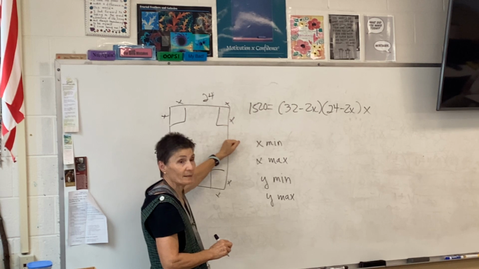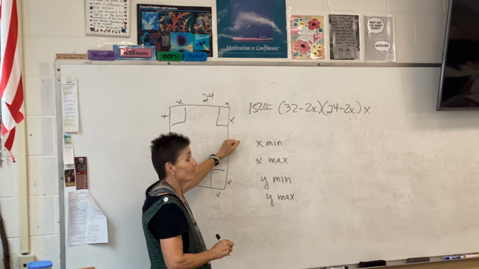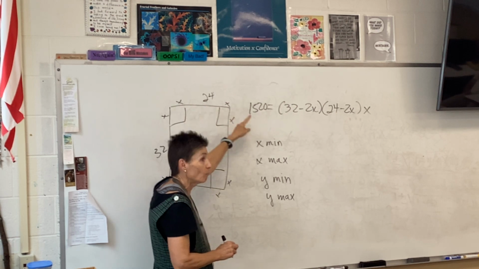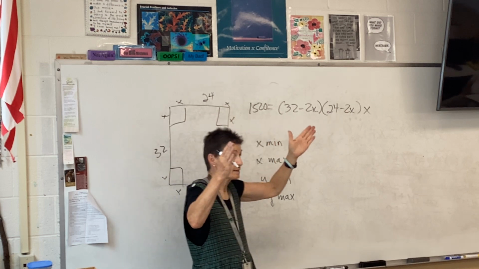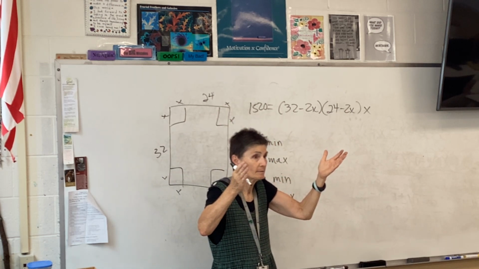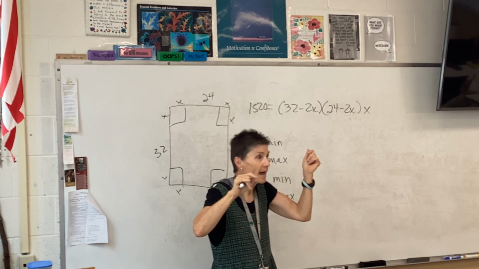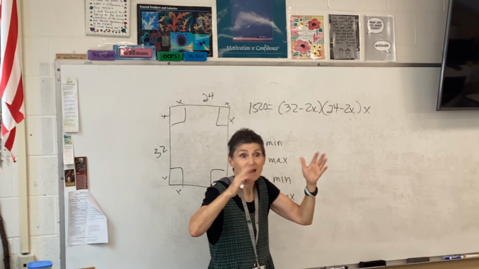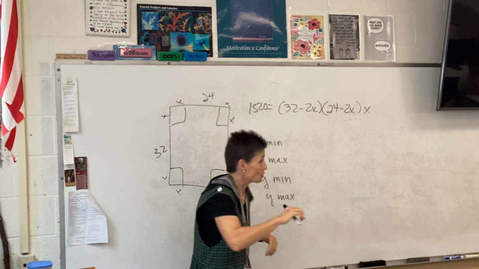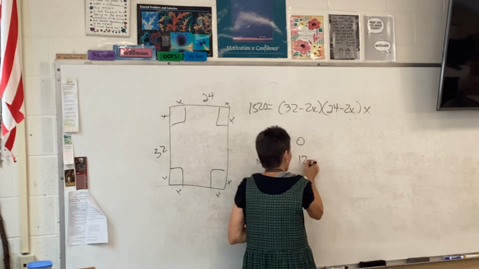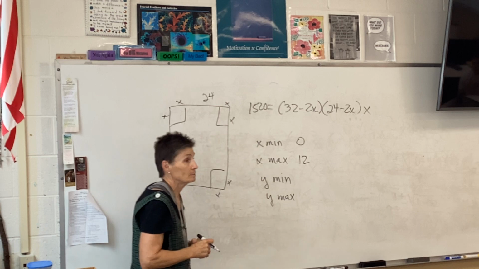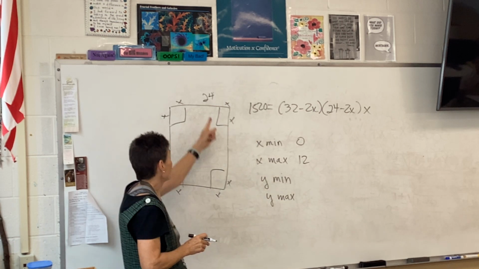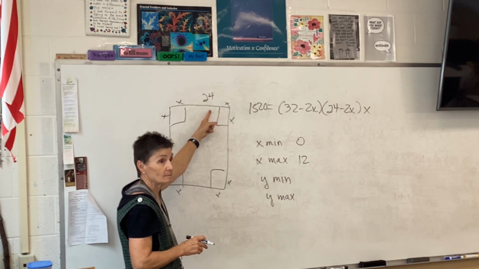What's the biggest it can be? 12. That's 24. So could I take 11 off each side? Yep. Could I take 11 and a half off each side? Yeah, very weird looking box. I can take everything off up to 12. So x min is 0, x max is 12. It's my smallest dimension. That's the one I have to look at.